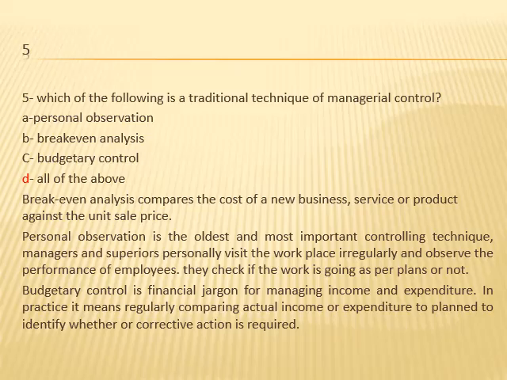Personal observation is the oldest and most important controlling technique. Managers and superiors personally visit the workplace irregularly and observe the performance of employees. They check if the work is going as per plans or not. It seems correct. It can be considered a technique of managerial control.